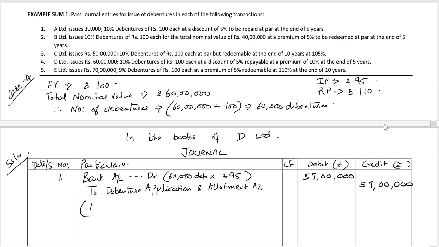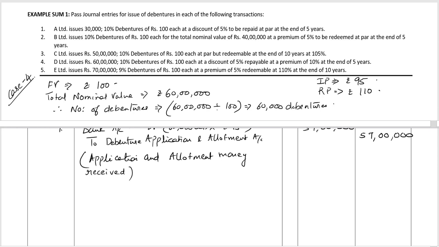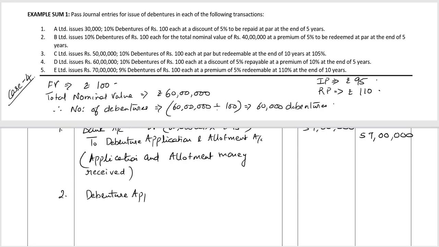For application and allotment money received. Let's move on to the second journal entry, debenture application and allotment account debit.